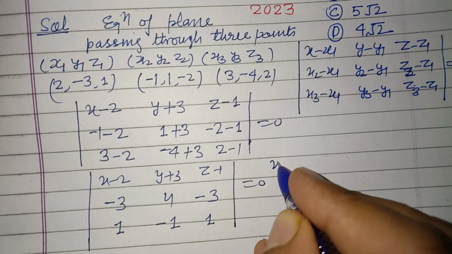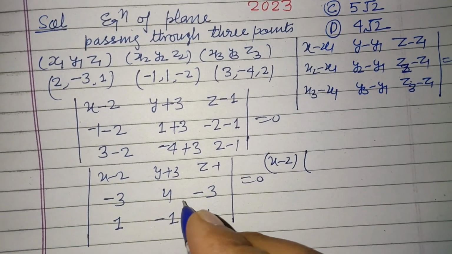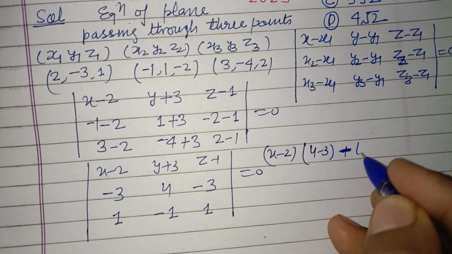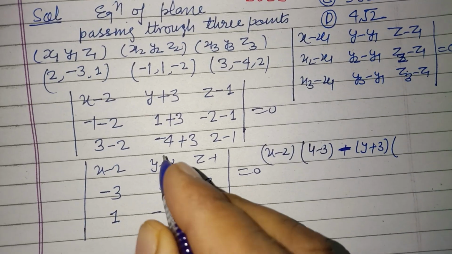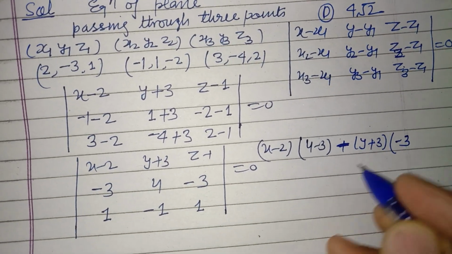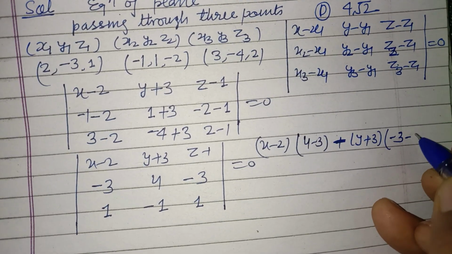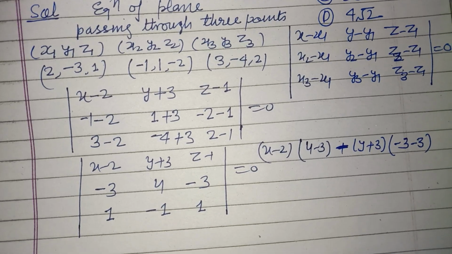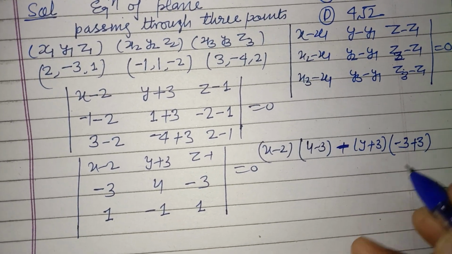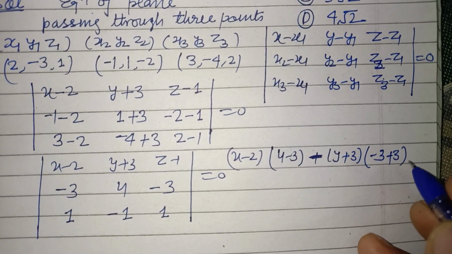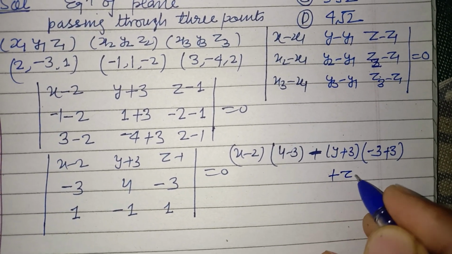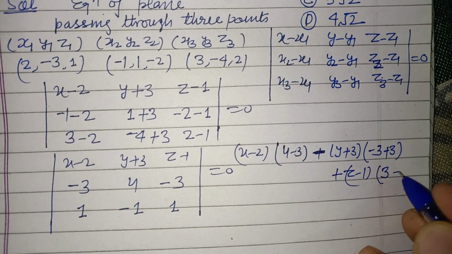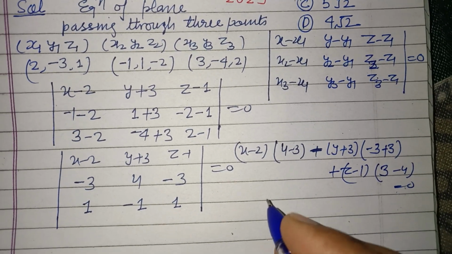Now expanding this: x minus 2 into (4 minus 3), minus (y plus 3) into (minus 3 minus 3), and this is minus minus plus, and plus (z minus 1) into (3 minus 4), that is equal to 0.